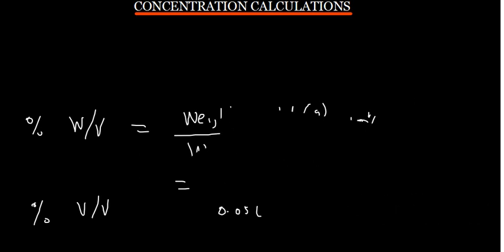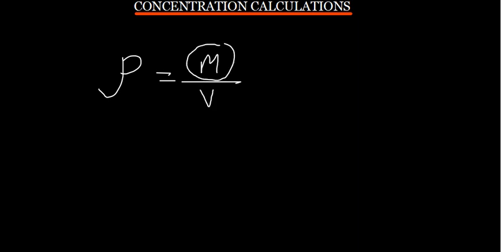Apart from percentages, concentration can also be expressed as density. Density is also a type of concentration. And you know that the density, the symbol is rho, is given by mass over volume. It's just that instead of using the amount of solute in number of moles, you've used the mass. And for the solution, you've used volume.